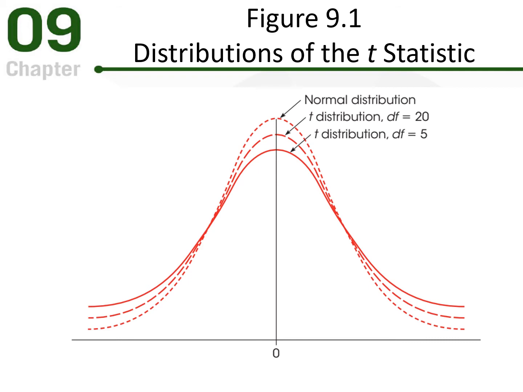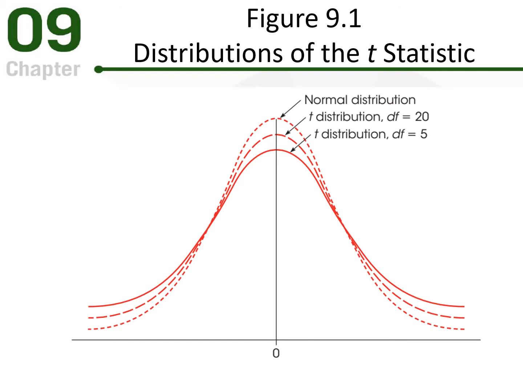As the degrees of freedom go up to 20, you see that it's getting closer and closer to what the normal distribution looks like. As you get to infinity, it'll be exactly the same. But you don't have to have infinity sample size because obviously that's not realistic. You could have a large sample size. So once you get over 30, the t distribution is going to be very, very close to the z distribution.